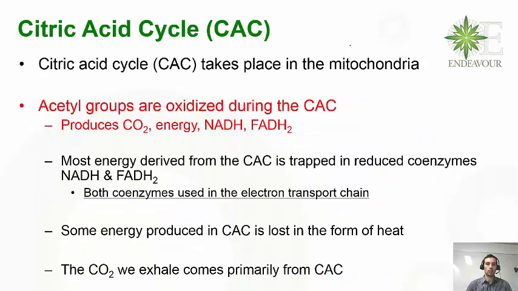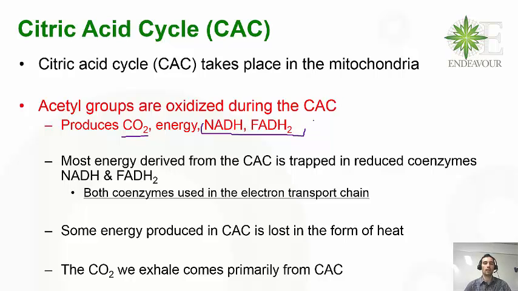So the citric acid cycle itself takes place in the mitochondria. So within the mitochondria, there's all of the enzymes that are required for the citric acid cycle. So what actually happens in the citric acid cycle is we are oxidizing the acetyl groups that are present on the acetyl CoA, and in doing this we're actually able to release carbon dioxide, energy, and our important coenzymes NADH and FADH2.